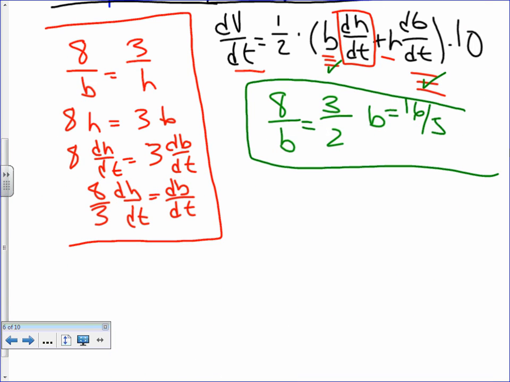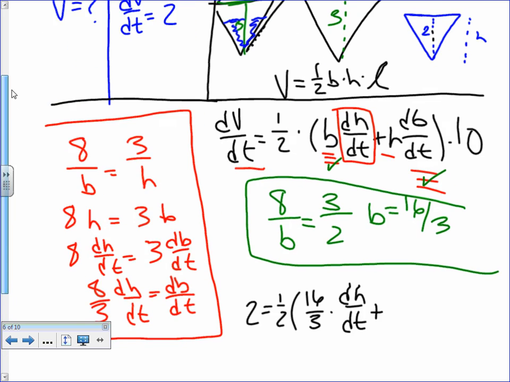So I plug in, I get dV dt, which is 2, equals 1/2 times B, which was 16 over 3. I should change that 3, that's a really bad 3. 1/2 times 16 over 3 times dH dt, which is what we want in our equation, so that's okay, and then plus H, and H was 2, let's double check, just to not make any errors right now.